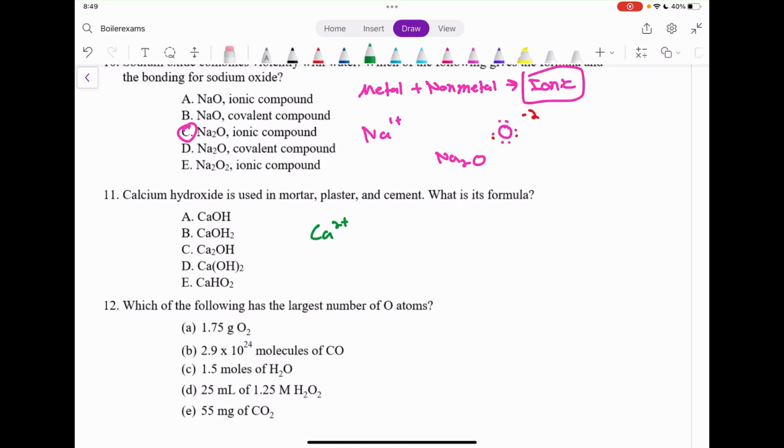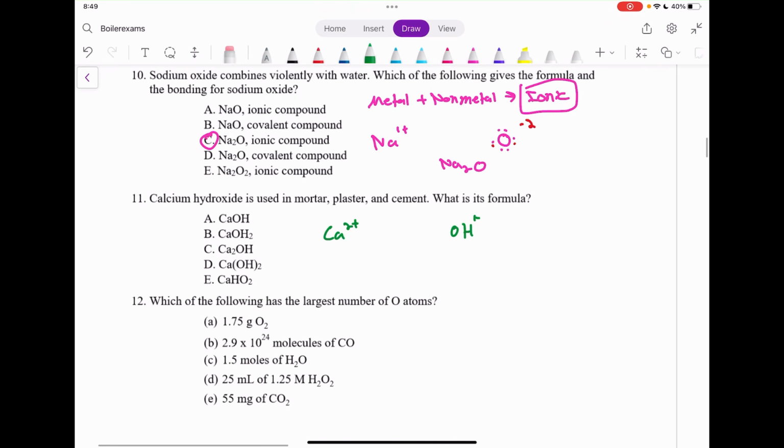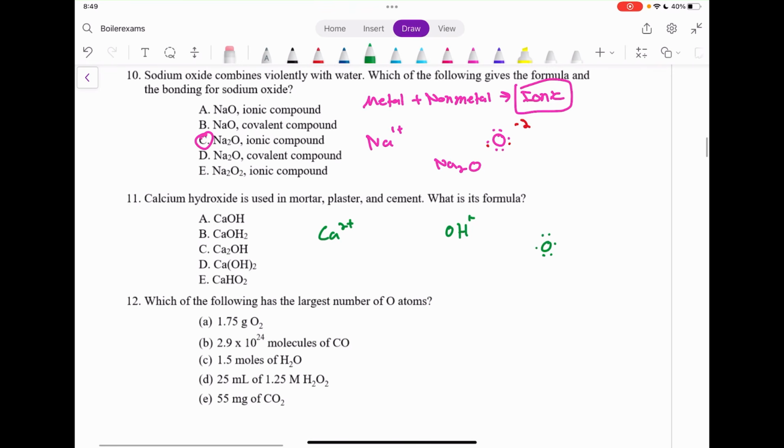When it forms an ionic bond, which we're doing because hydroxide is a non-metal, hydroxide is always going to have a 1- charge. Oxygen, as I said in the last problem, has 6 valence electrons. Hydrogen has 1 but only wants 1 more. These two form a covalent bond, and then oxygen needs only 1 more electron to fill that hole to get its 8 valence electrons.